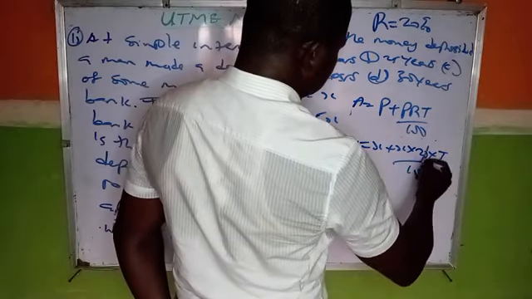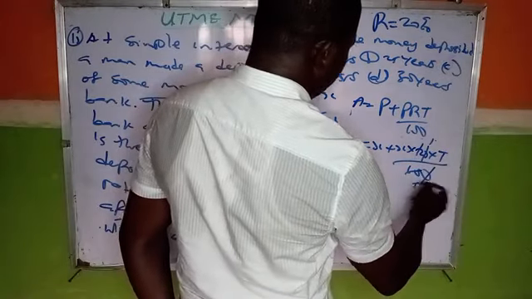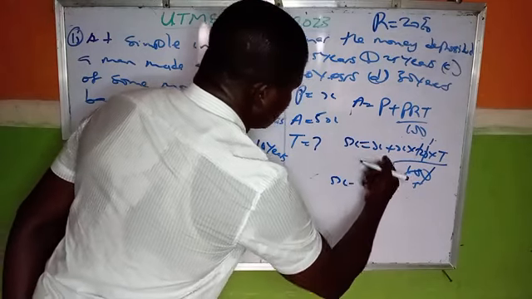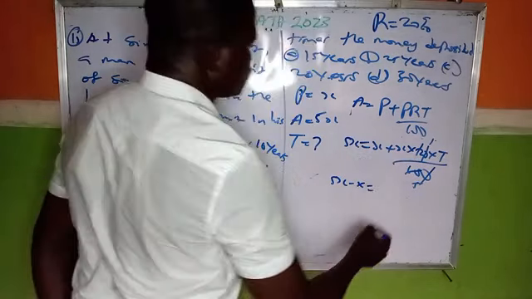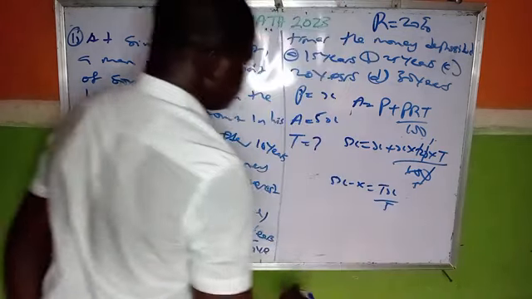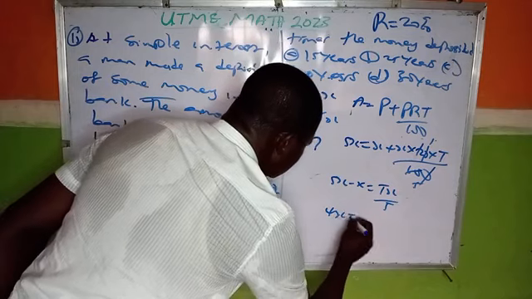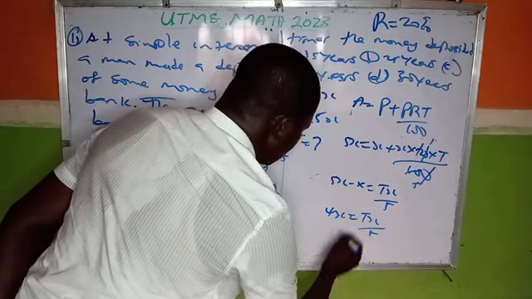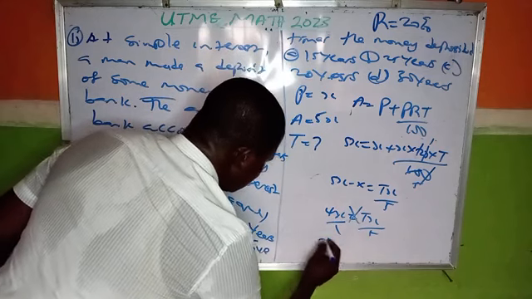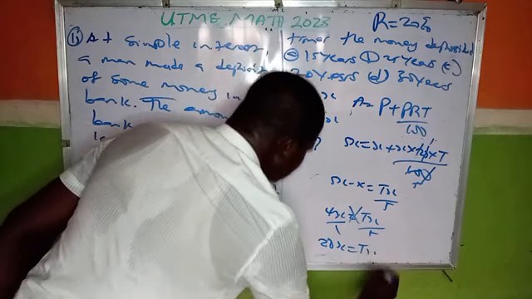So this cancels this. 2 here 1, 2 here 5. So you will have 5x. You can bring this one here, minus x, equal to tx over 5. So this one will give you 4x equal to tx over 5. So if you cross multiply, you will have 20x equal to tx.